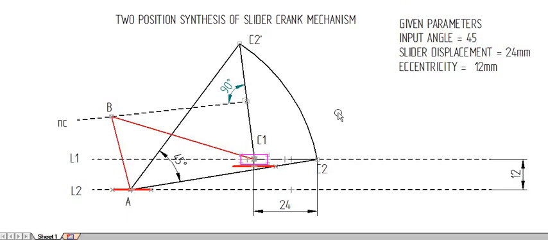So this is the required mechanism using two position synthesis. AB is the crank, BC1 is the connecting rod, and C1 is the slider, and the lines shown as thick are the fixed link.